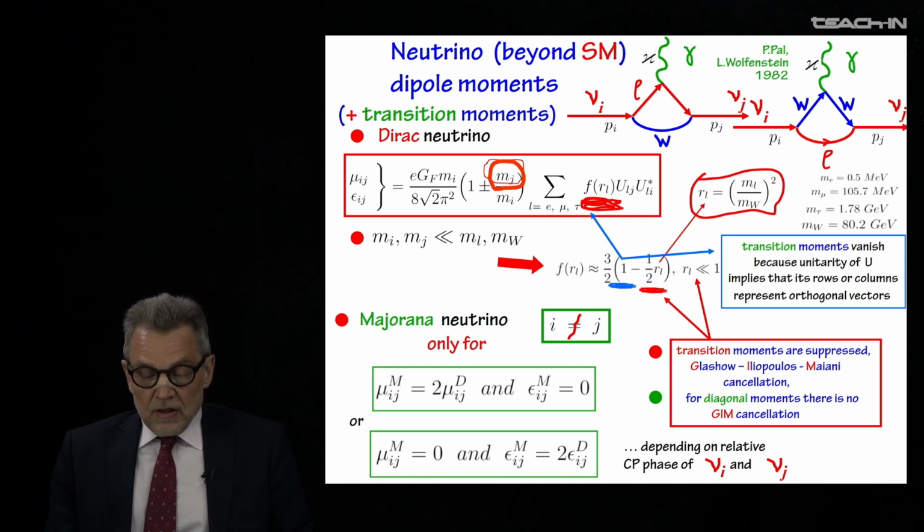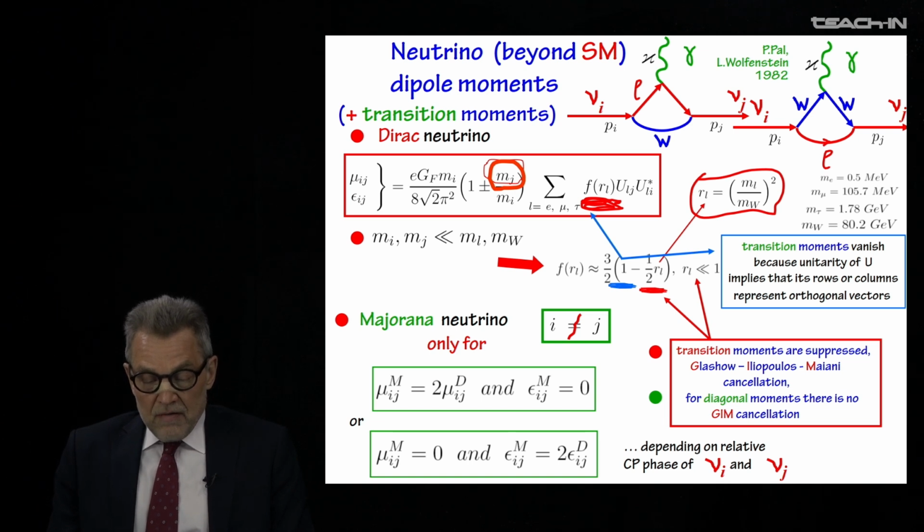Due to the well-known Glashow-Iliopoulos-Maiani cancellation condition, we can see from this explicit formula that, because the mixing matrix is unitary, the first term in the expansion of f over the small value, that is the ratio of the charged lepton to W boson mass squared, cancels out due to unitarity of the mixing matrix. Only the second term will contribute, and it has a very small suppression factor, that is the square ratio of these masses.